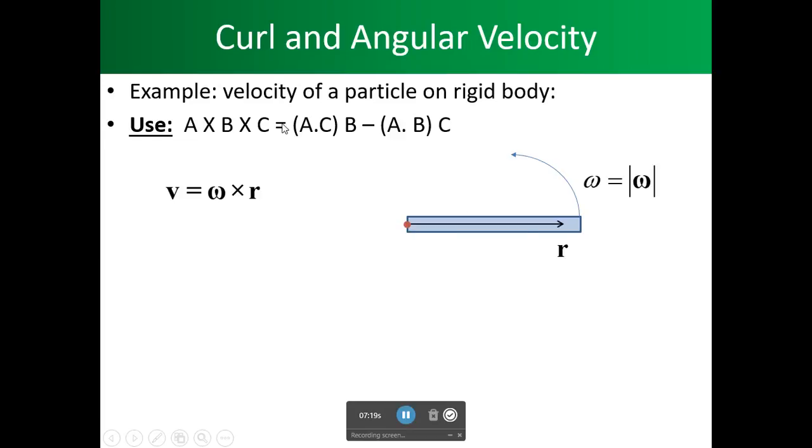As you can see here, we want to find the velocity of a particle on a rigid body. So you see it's going to be an omega, an angular velocity. We need to know the length of this r and this change, and that's what the velocity is equal to.